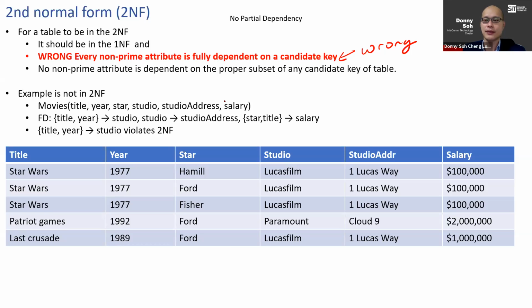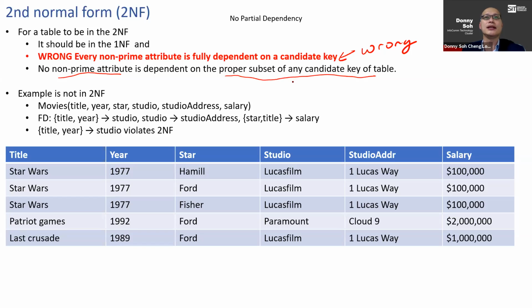Sorry about it again. So the condition should be: no non-prime attribute is dependent on a proper subset of any candidate key of the table. What this means is that if my attribute is a non-prime, it cannot be dependent on a proper subset of any candidate key of the table.